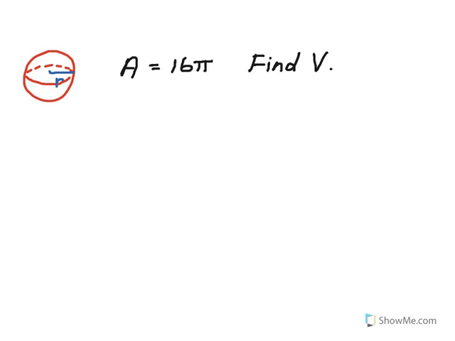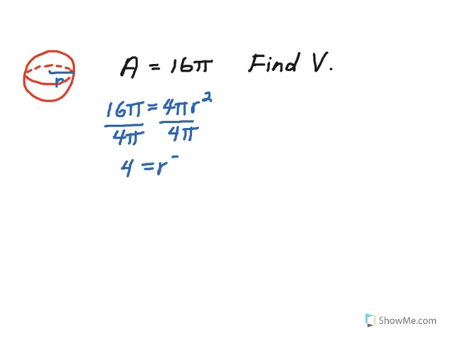So if the area is 16 pi, then I know that 16 pi is equal to 4 times pi r squared. So dividing both sides by 4 pi, I get that 4 is equal to r squared. So the radius is equal to the positive square root of 4, which is 2.